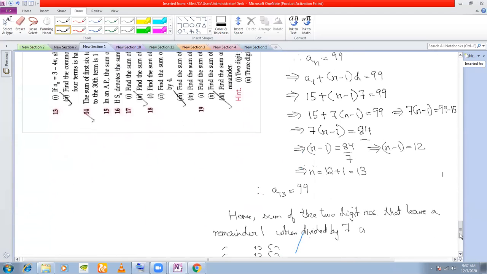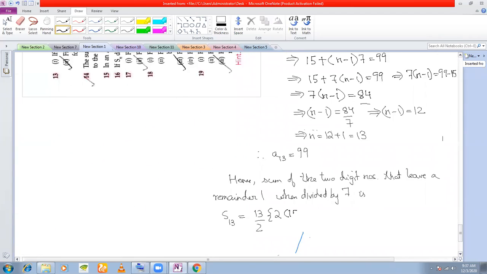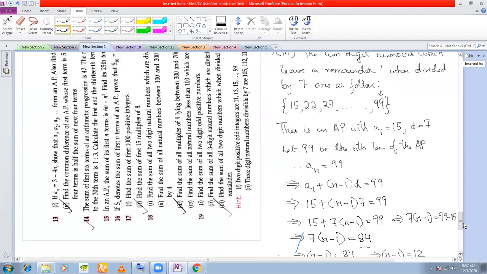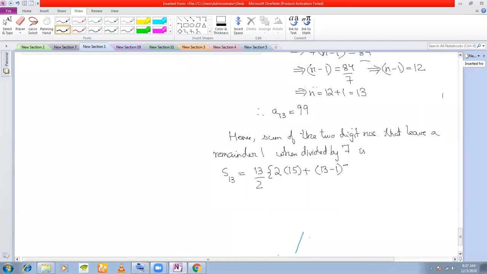What is the first term here? 15. 15 plus 13 minus 1 into d, here d is 7, which is 13 by 2 into 30 plus 12 into 7, which is 13 by 2 into 30 plus 84, which is 13 by 2 into 114.